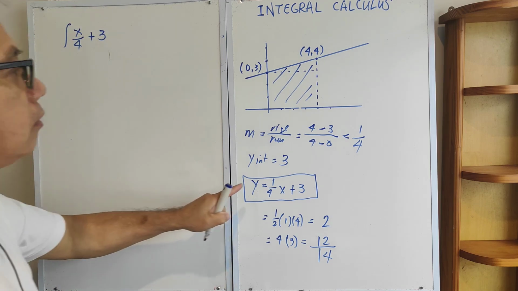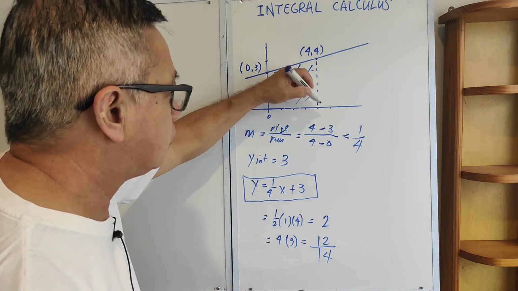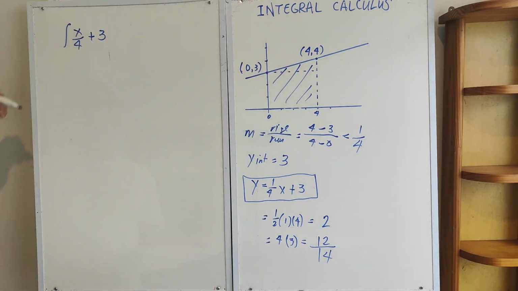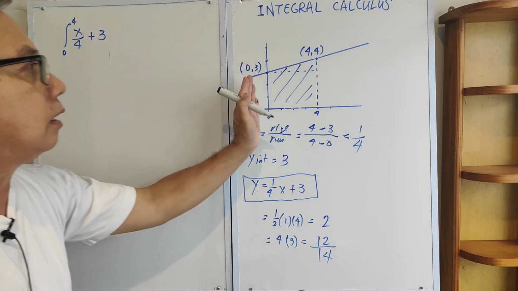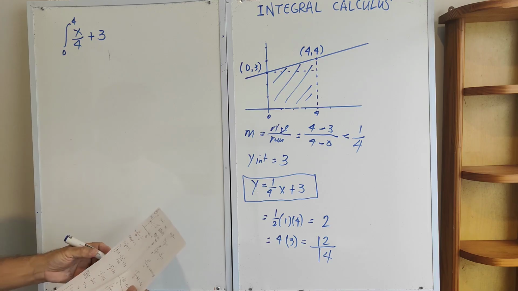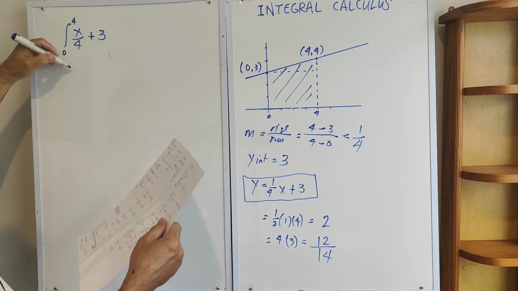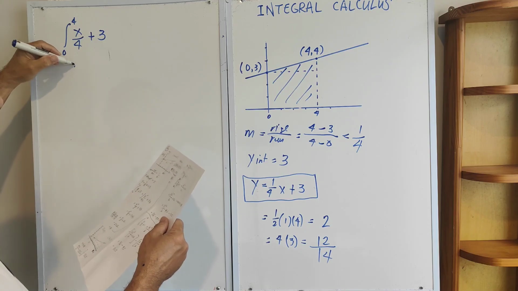The area that we want is from 0 to 4, so we put the numbers here, from 0 to 4. So the span is from 0 to 4. To integrate, I'll go straight to the solution.